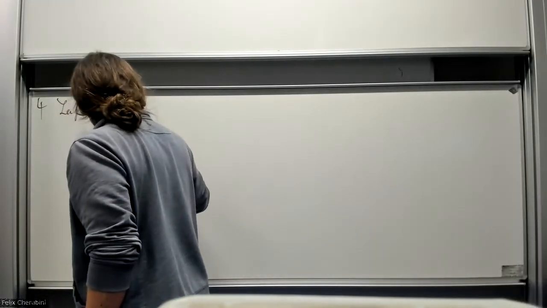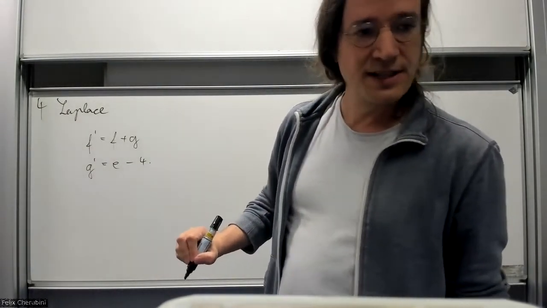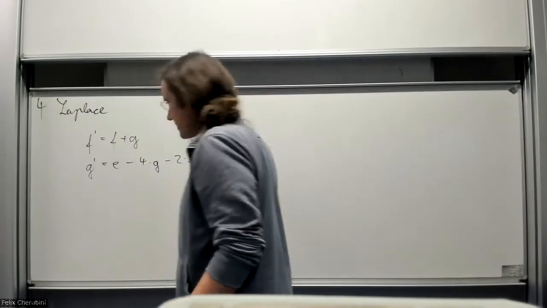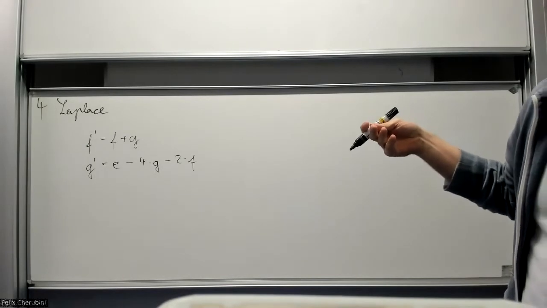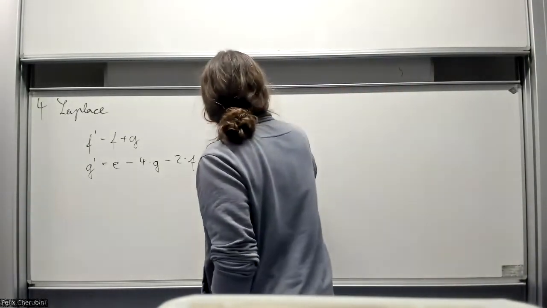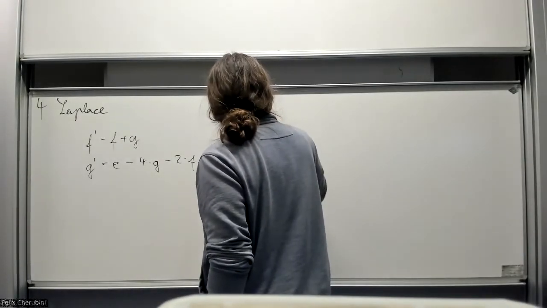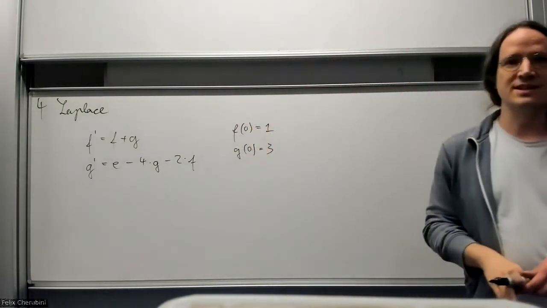So I just write e to the minus 4 times g minus 2 times f. And as I said, you need some initial conditions, which are sometimes called that because this is used a lot in physics, which tell you in this case what the values of f and g will be.